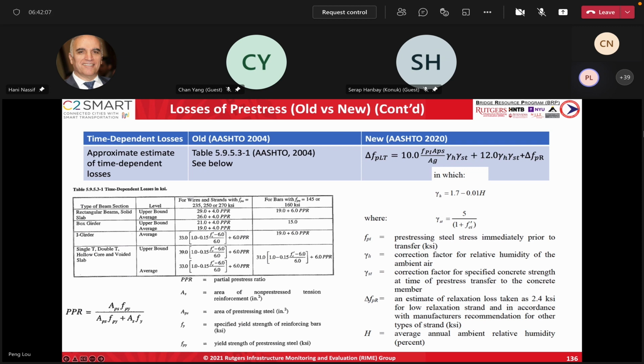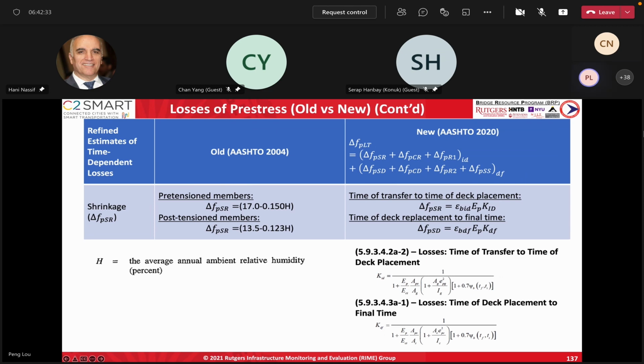You also have a correction factor for the concrete strength at the time of transfer of the concrete member. You can also go to the new LRFD for this equation. This is a major change, so be careful with this. I think they developed this equation based on a lot of testing in the lab.